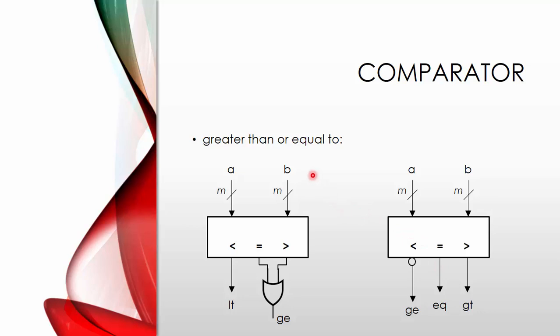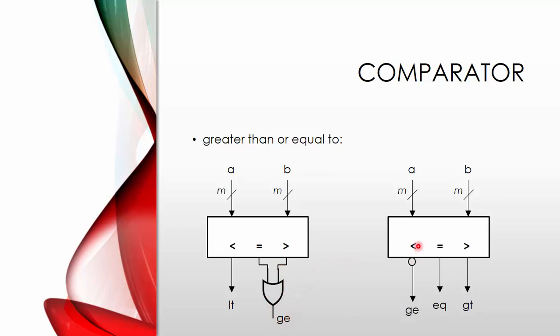Then sometimes we want to draw the block diagram for greater than or equal to. How do we draw it? We can take the obvious choice, since the statement says greater than or equal to. We may want to just combine the equal to output and greater than output together using an OR gate, so we get the GE, greater than or equal to.